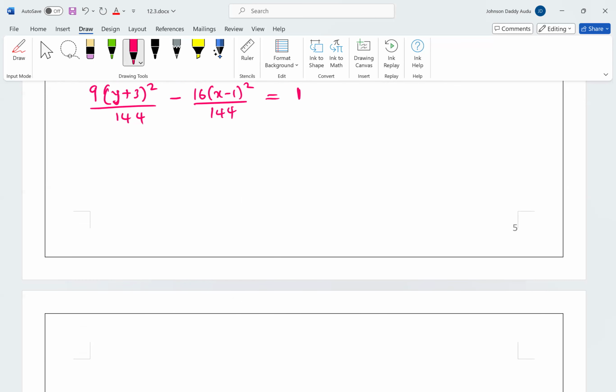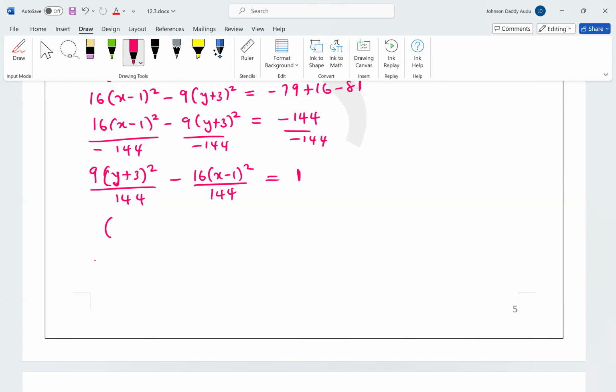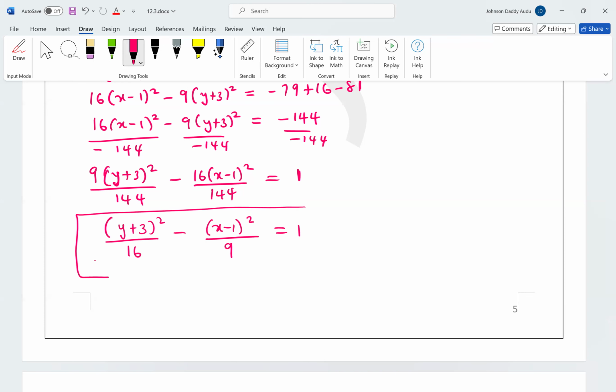Now what can we do here? We can divide the numerator and denominator by 9. This gives (y plus 3) squared over 144 divided by 9, which is 16, minus (x minus 1) squared over 9 equals 1.